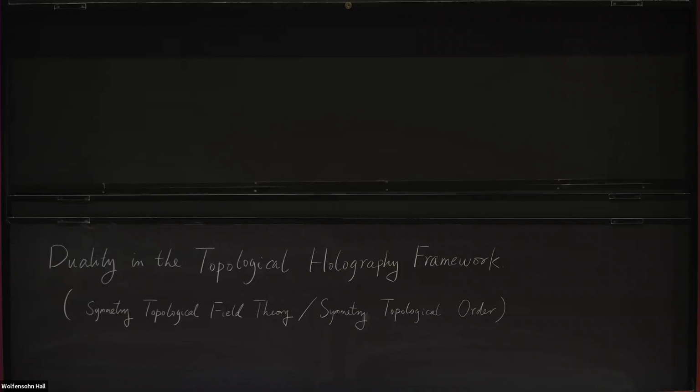I suppose these models have already shown up more than once. I think it will be helpful now to put them into this framework and see how things work out. All right, and any question is welcome. Don't hesitate to interrupt at any point.